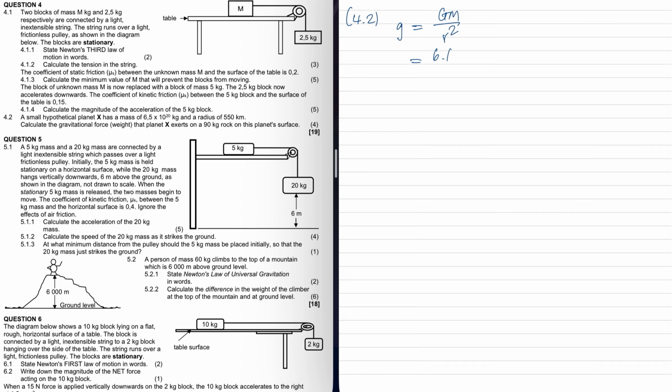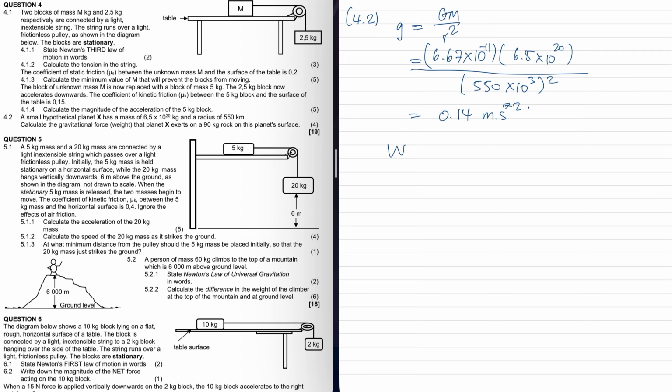G is 6.67 times 10 to the power minus 11, multiplied by the mass of the planet, which is 6.5 times 10 to the 20, divided by the radius of the planet in meters, 550 times 10 to the power of 3, squared. And that gives us 0.14 meters per second squared as the acceleration.